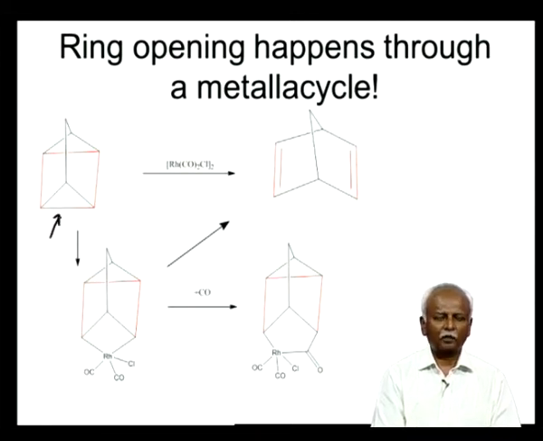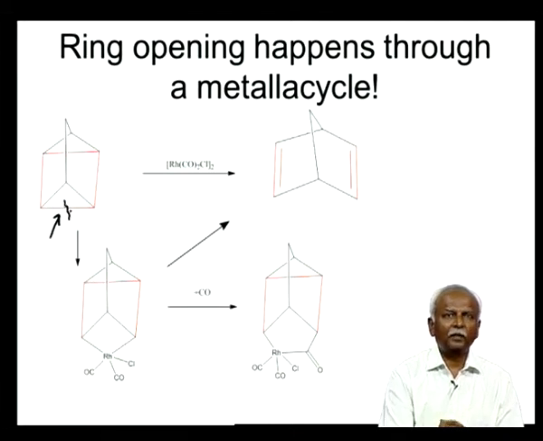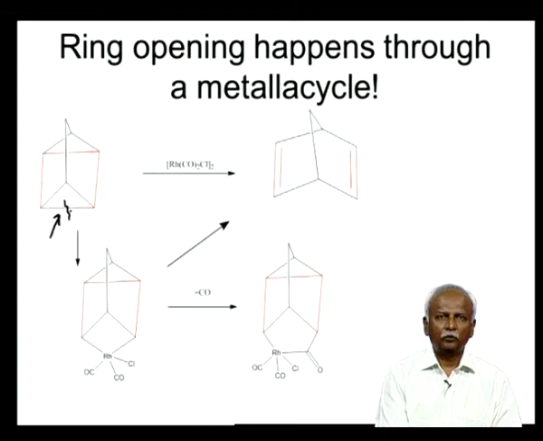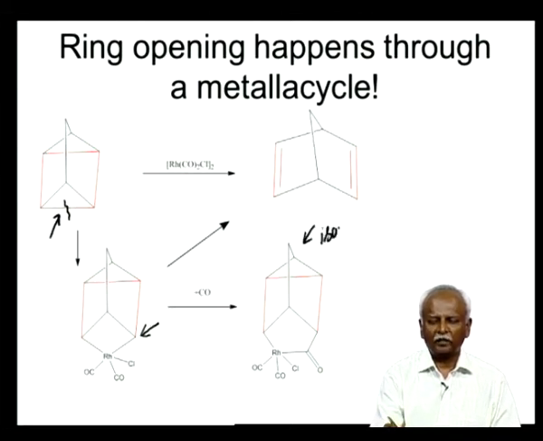So, if this carbon-carbon bond breaks and the metal inserts itself between the two carbon centers, then one would end up with an intermediate which I have pictured here, and this intermediate can undergo an insertion reaction if carbon monoxide is present, and one can isolate a new organometallic species.